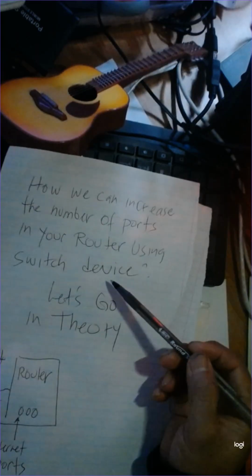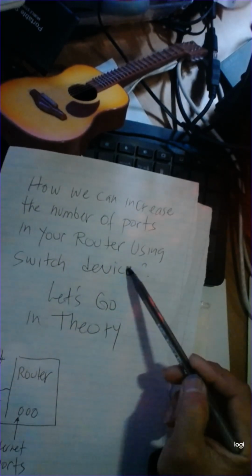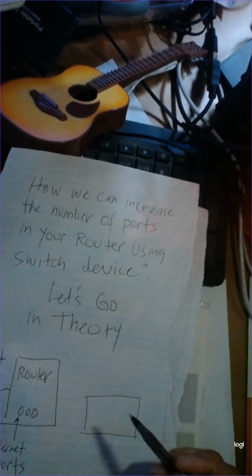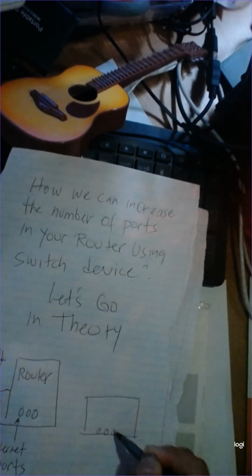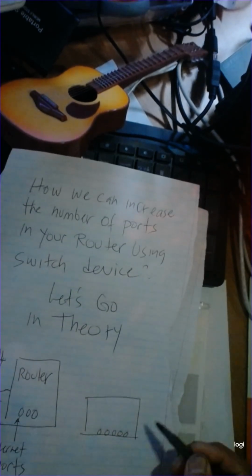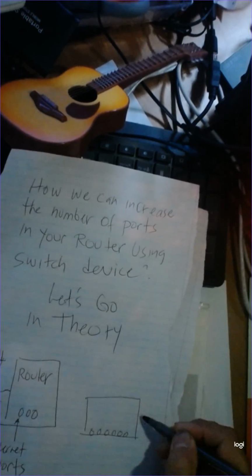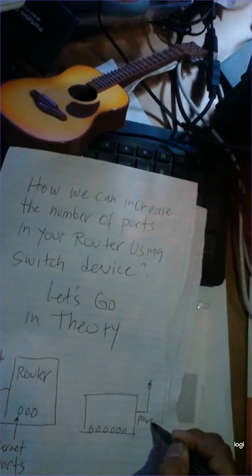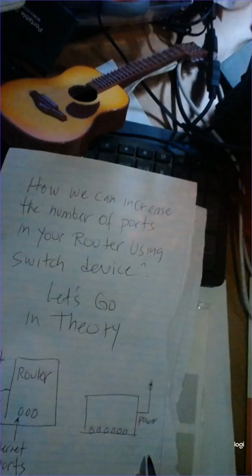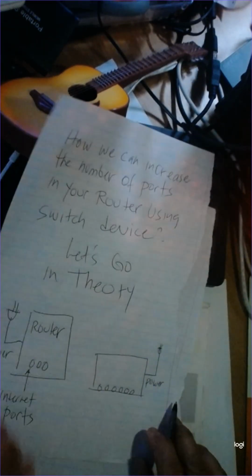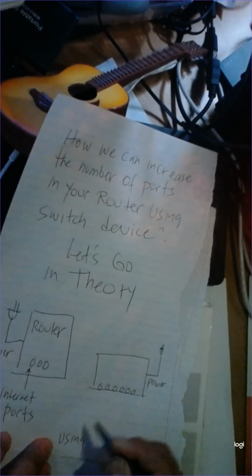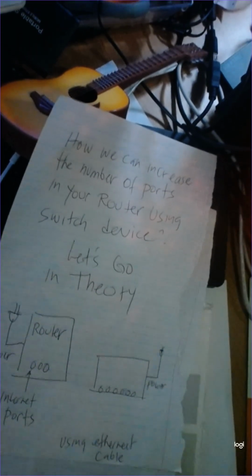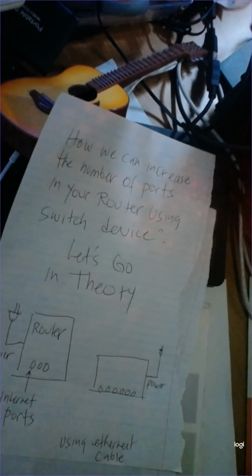Now we need the switch. So this is what the switch looks like. As I showed you in the picture, the switch has many ports available, and the switch has a power cable too. So this is power. Now, using an Ethernet cable, did you see how an Ethernet cable looks like?